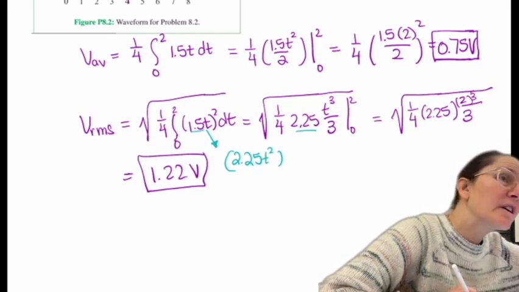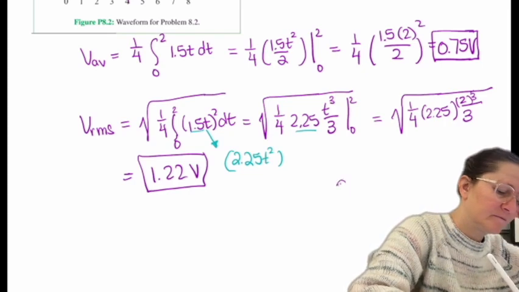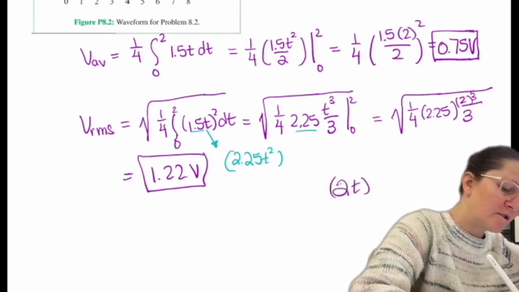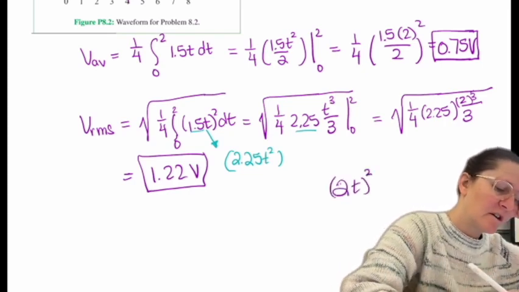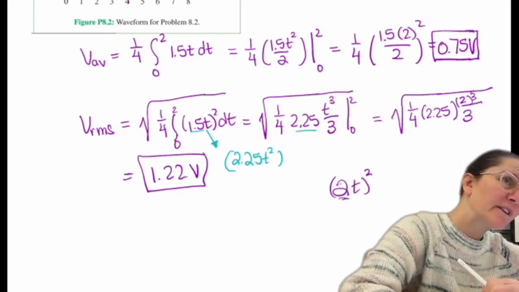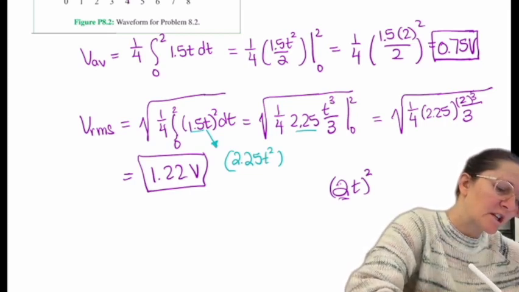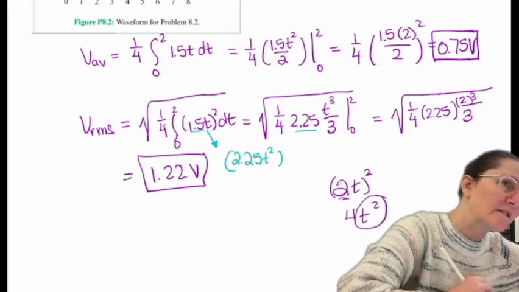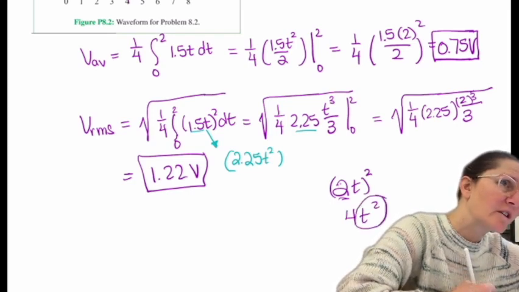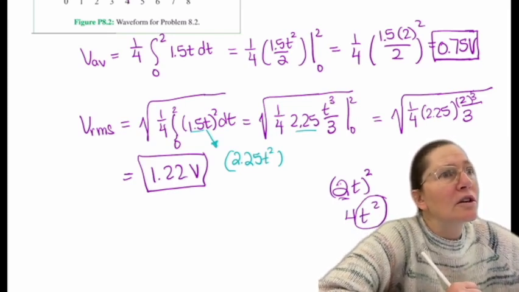No, because if I have 2t squared, I don't raise this one, because that's a constant, so you always have to bring the constant out first. So I'd take 4t squared, and this is what gets integrated, not the constant.